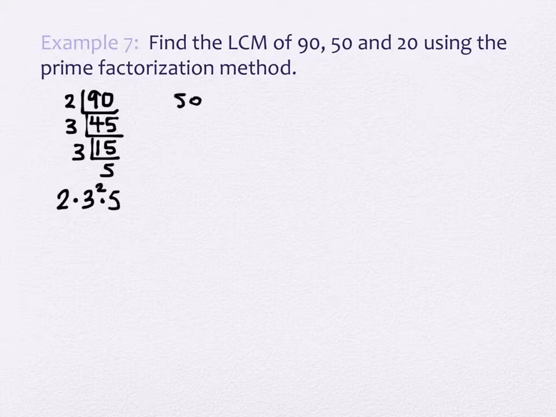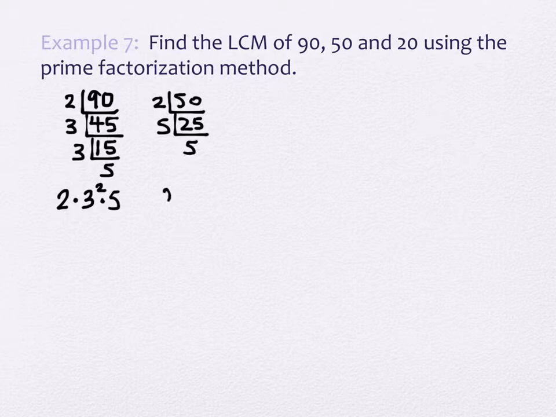How about 50? What number will I divide by? 2, and that gives me 25. And then I'll divide by 5, and that gives me 5. So this factorization is 2 times 5 squared. Yes, very good.